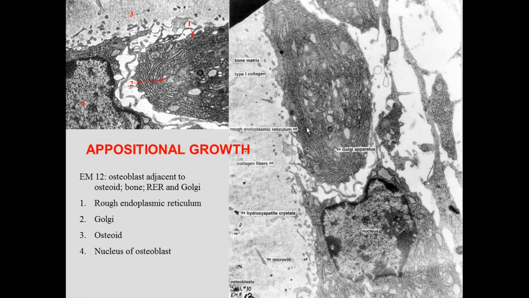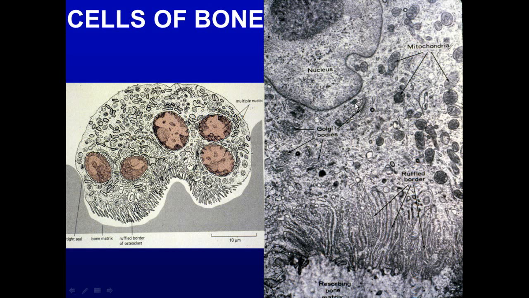Now, bone grows by appositional growth. You have differentiation of cells that give rise to osteoblasts, which then become osteocytes whenever they're trapped in their little space or lacunae. One of the important bone cells is the osteoclast, and the osteoclast has a ruffled border, as you see there.